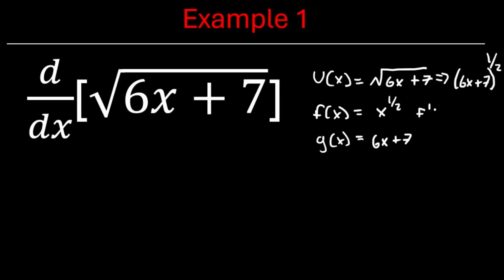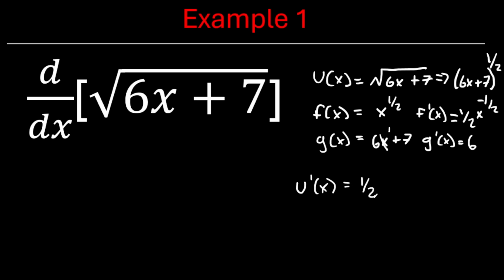So now, straightforward derivatives. Use the power rule for f, bring the 1/2 in front, decrease the power by 1. You get 1/2 x to the minus 1/2. And for g prime of x, again, there's a 1 here, bring that in front, decrease it by 1, the x goes away. You get 6, derivative of a constant is 0. So now we use what we know to get u prime of x, which is f prime.